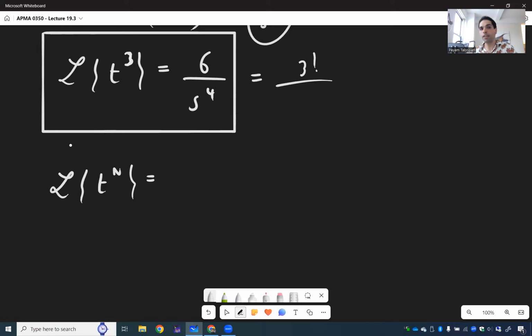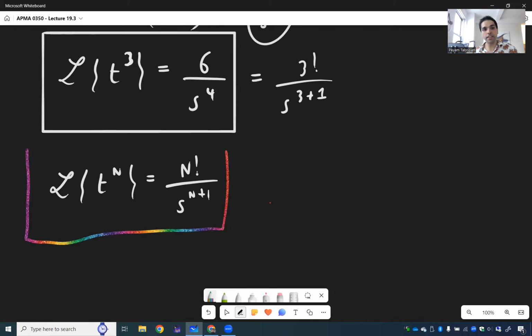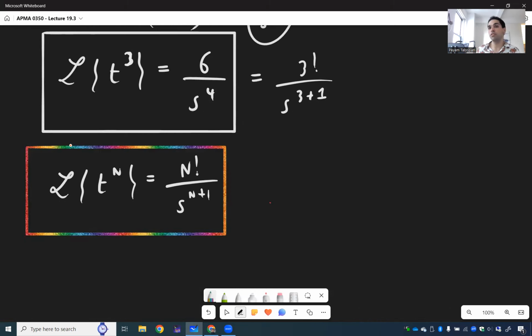And then how is 4 related to 3? It's 3 plus 1. So in fact, the Laplace transform of t to the n just becomes n factorial over s to the n plus 1. Which, once again, you can take as a given unless I tell you to calculate it, which I've done on one example.